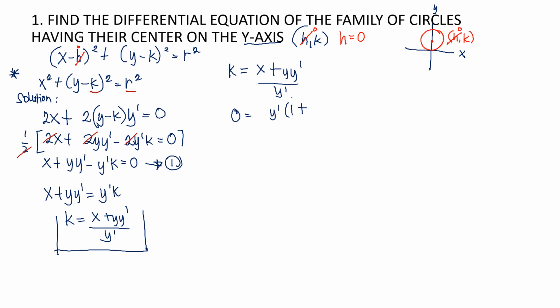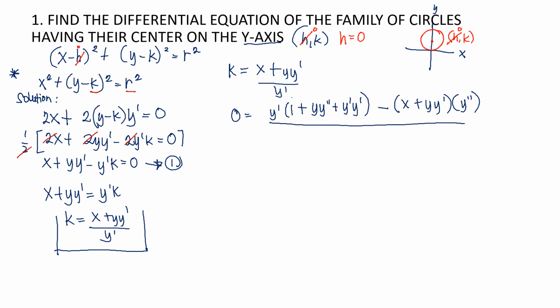And then, product rule, y prime. So, y double prime plus y prime, derivative of y is y prime. Minus, our high is x plus y prime, multiplied by the derivative of our low, which is y prime, o y double prime na siya. All over y prime squared.